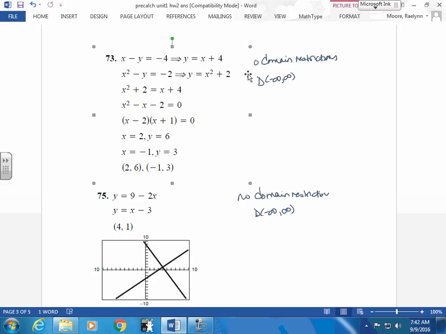In this case, we came down and we had 2 values of x: x is equal to 2, x is equal to -1. In both cases, I would probably bring down the 1. Plug in your -1 and get your 3. Plug in your 2 and get your 6.